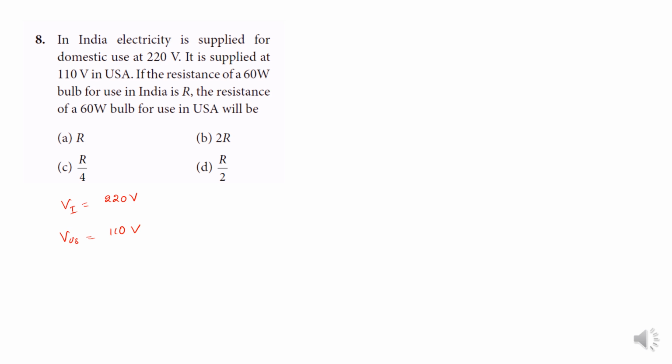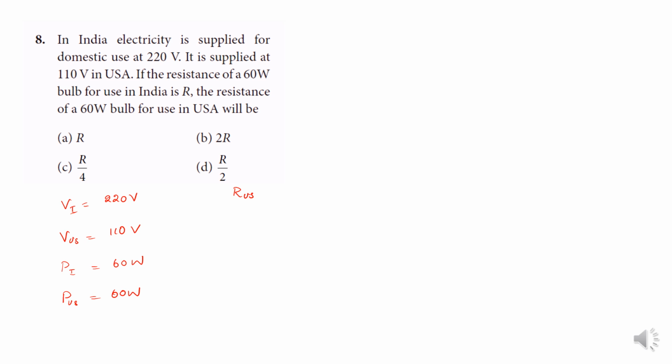The resistance of a 60 watt bulb in India and USA are being compared here. The bulb rated power is 60 watt both in India and the US. So you're asked to find the resistance in the US.